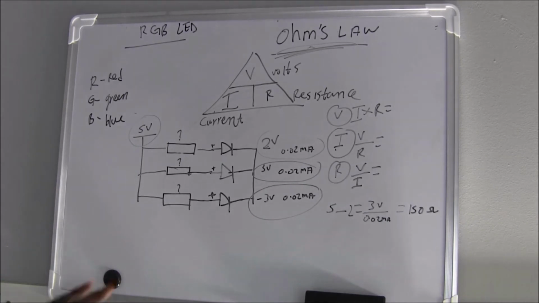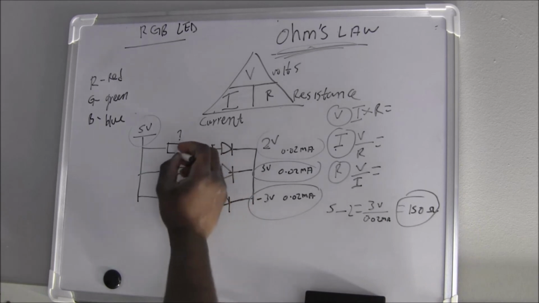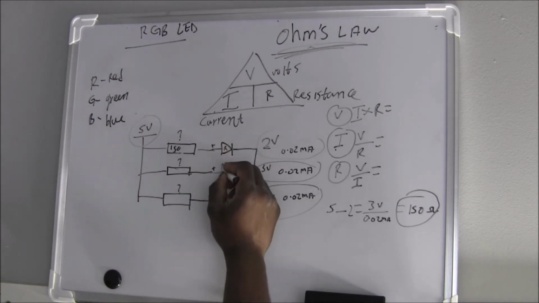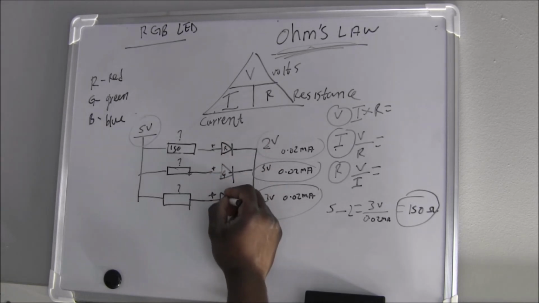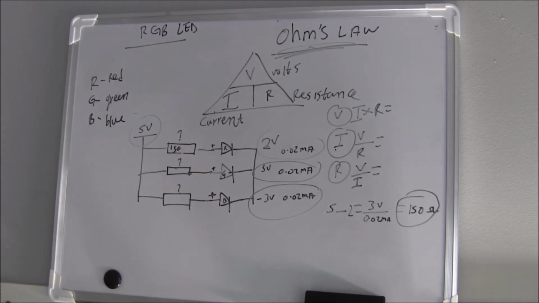So this value is 150 ohms, and it goes for the first LED, which is the red LED.